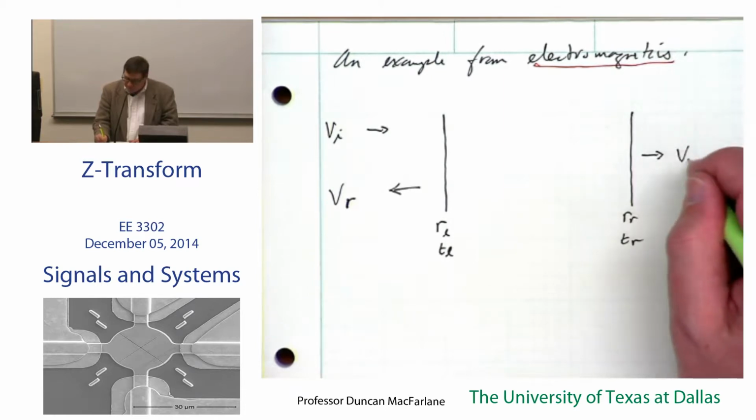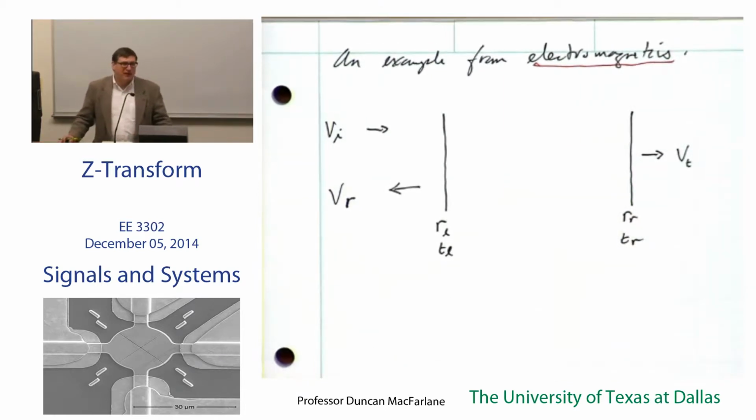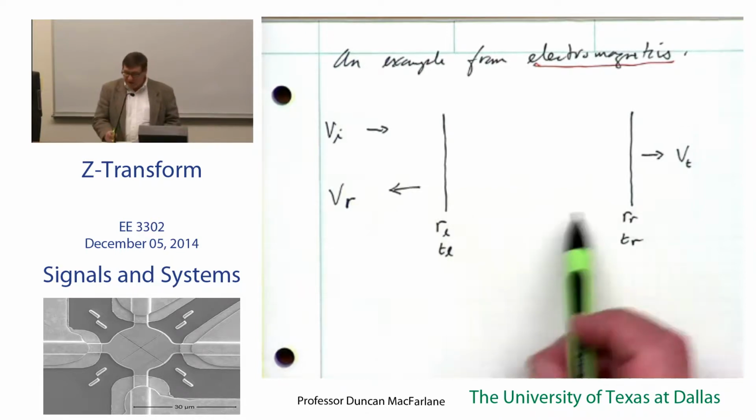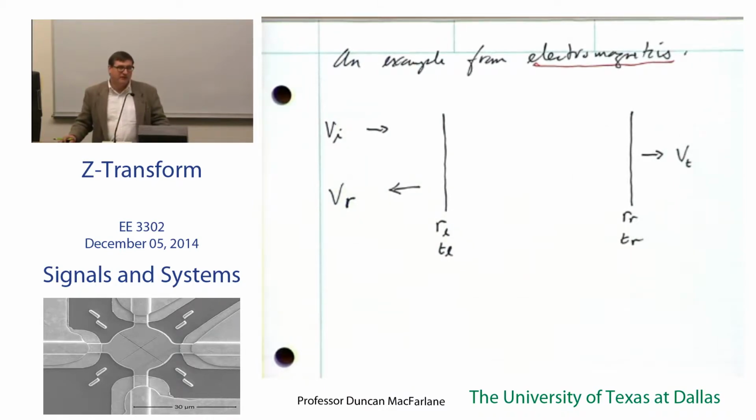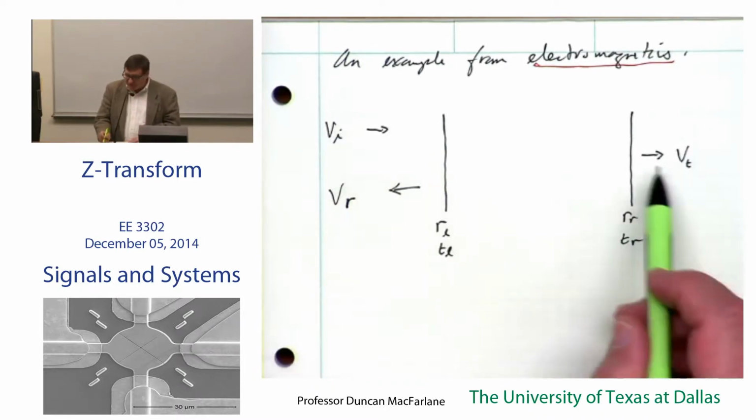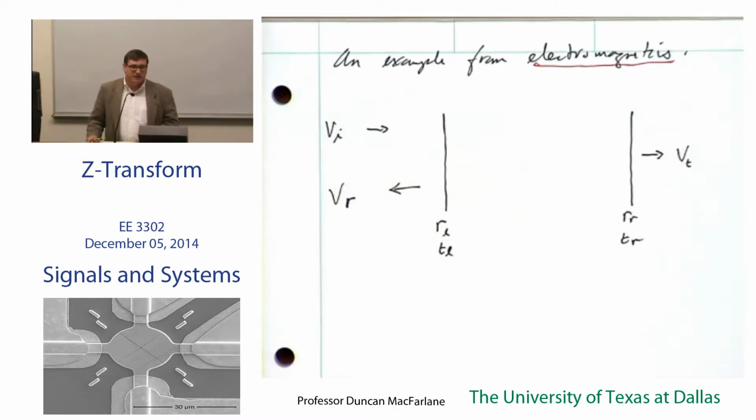So even though you want all your voltage to be transmitted into your circuit or into your oscilloscope, if you don't properly terminate the ends of your transmission line, or if you use the wrong transmission line, you're going to get reflections. And sometimes these reflections can ruin your day or ruin your $50,000 network analyzer. So that's a big deal. Okay. So this is the voltage in, voltage reflected, voltage transmitted into this particular system.